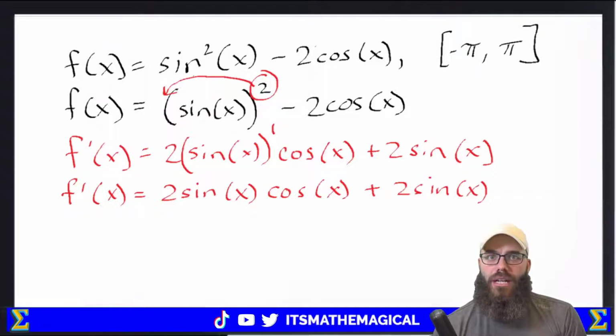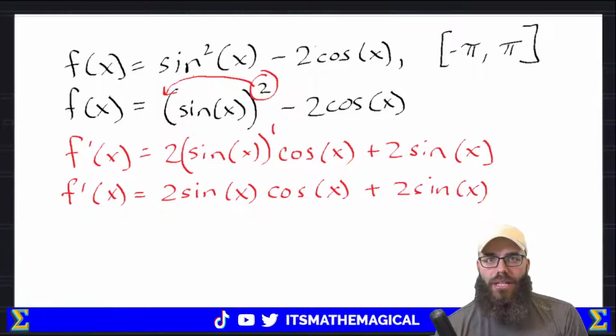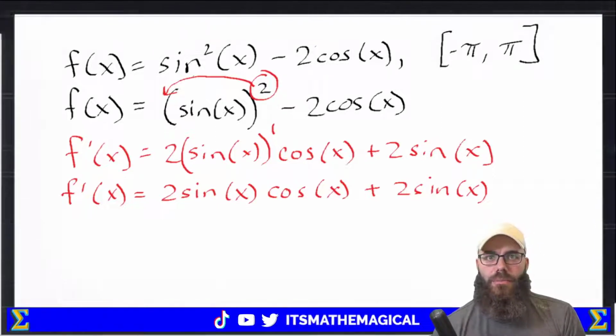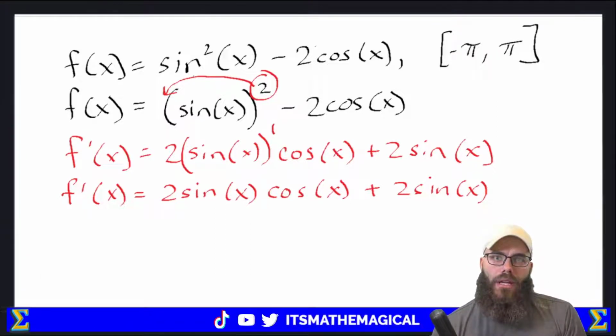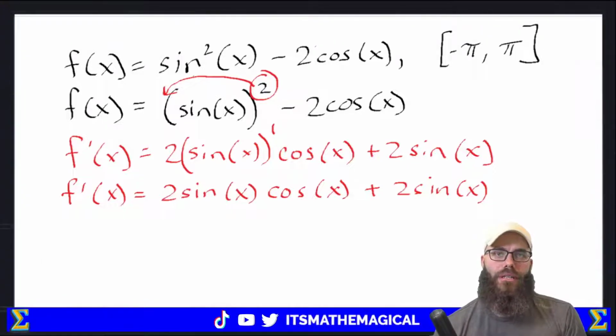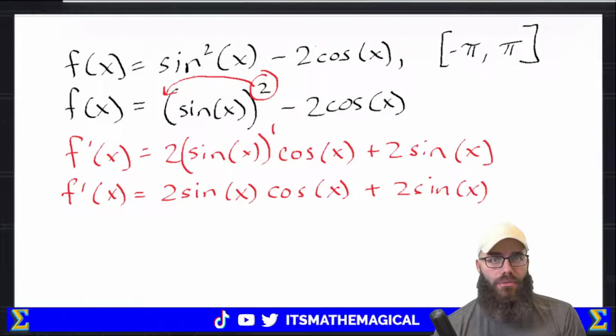Some of you may realize that 2 sine x times cosine x is sine of 2x, which is the double angle formula for sine. In this problem, because we want to set this equal to 0 to find our critical numbers, let's keep it written like this. So let's set the derivative equal to 0 to find our critical numbers.